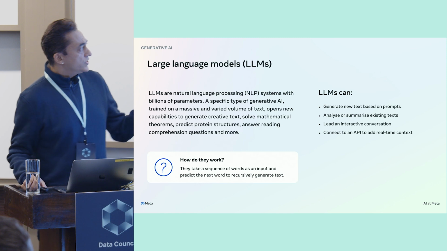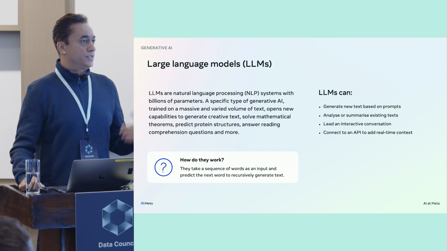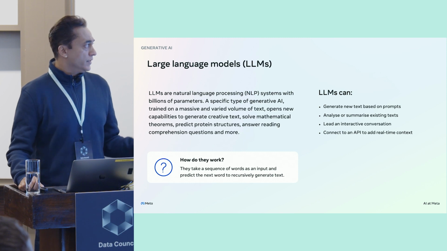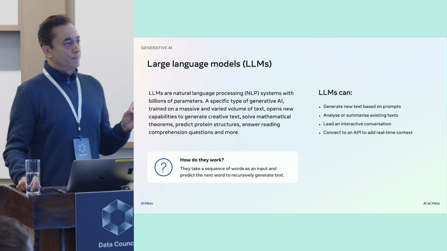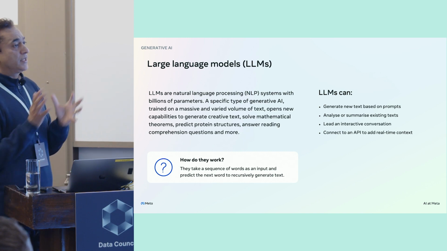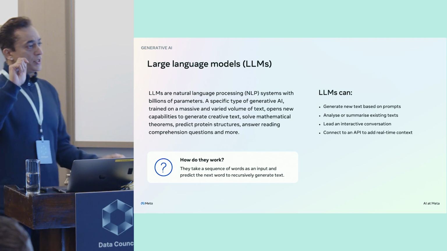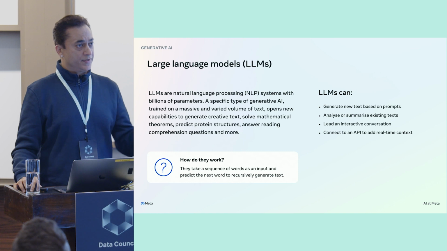And most of these LLMs are based on decoder architecture. It's an autoregressive decoder model. What that means is LLMs take in a sequence of words as an input, and then generate the next token or sequence of words in a recursive fashion.